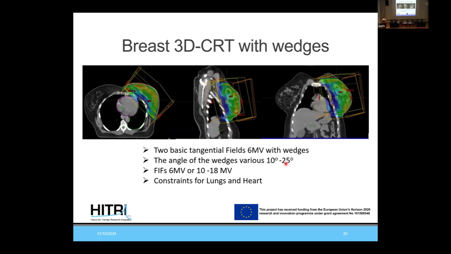What can we use? 6 MV, 10, 12, 15, 16, 18, whatever the linear accelerator has, the type of the model you have. What we should always check are the constraints for the lung and for the heart.